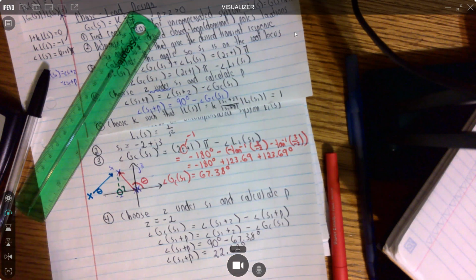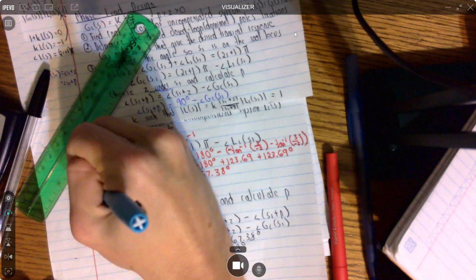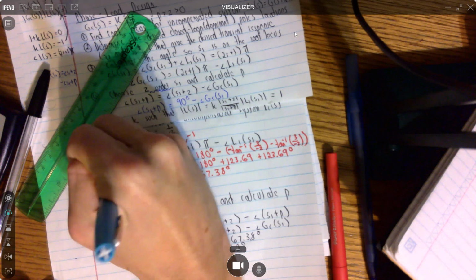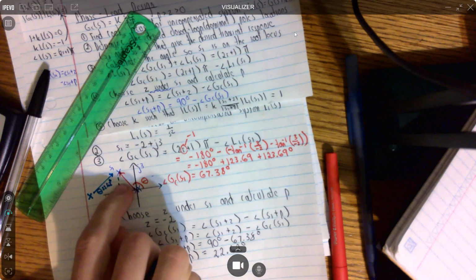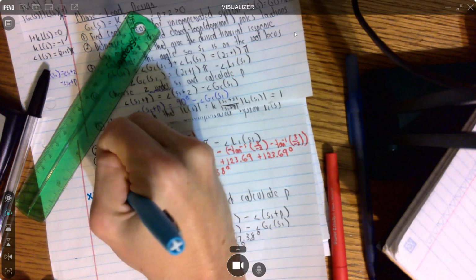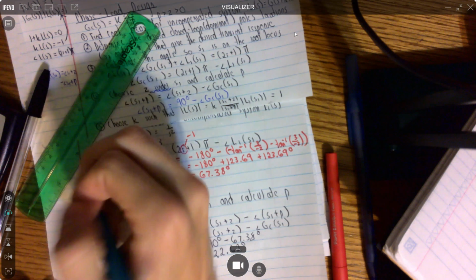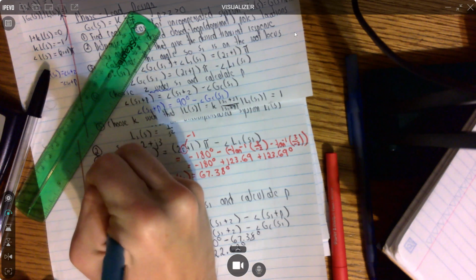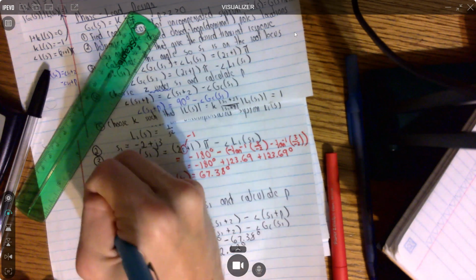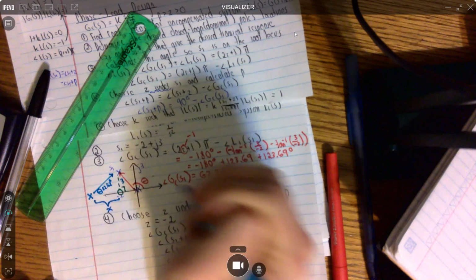If we know this angle is 22.62 degrees, and we know that our distance on the imaginary axis is 3, so this is 3. And we don't know the length here, so this we're going to try and solve for. So I'm going to call this distance just my x.